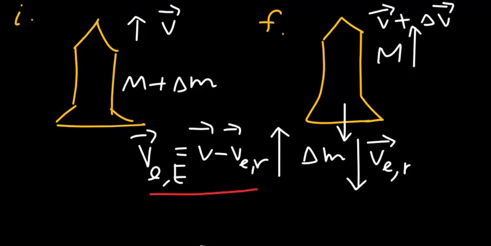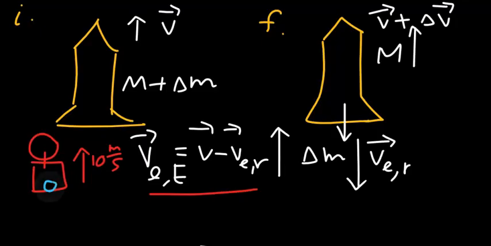To understand this line, imagine a rising balloon, let's say with a speed of 10 meters per second. At some point in time, a ball is ejected from the balloon, with respect to that balloon, downward with a speed of 2 meters per second.